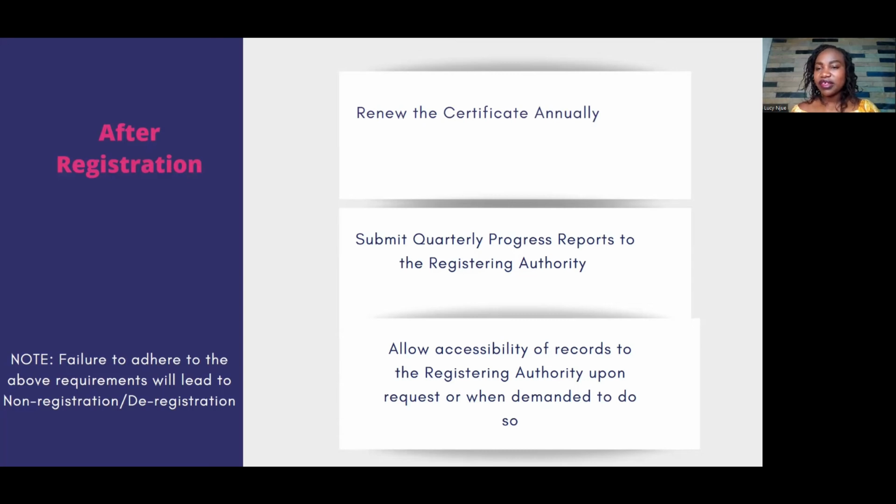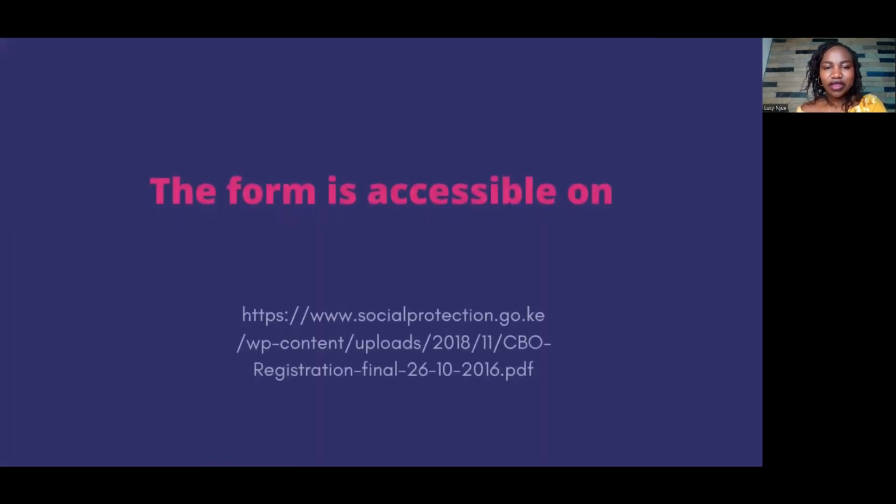At any particular time, they can request you to submit a certain report, so you should allow them to access your documents. They say that failure to adhere to all these requirements will result in being non-registered or deregistration. So make sure you follow the rules of the CBOs.